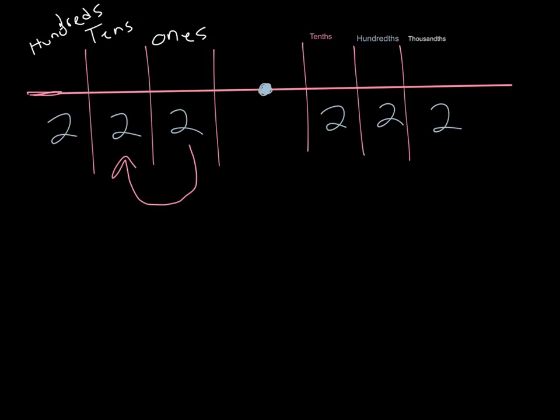It becomes worth 20 because it's two tens, which is worth 20. 20 is exactly 10 times as much as 2. Going from the ones to the tens place is really multiplying by 10. The value of the digit goes up by 10. As we go from the tens to the hundreds place, remember the 2 was worth 20, but in the hundreds place, the 2 is worth 200.